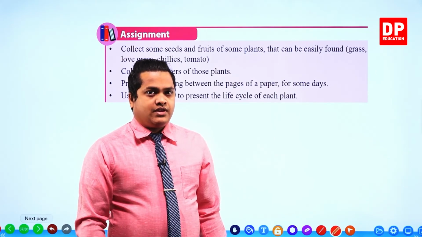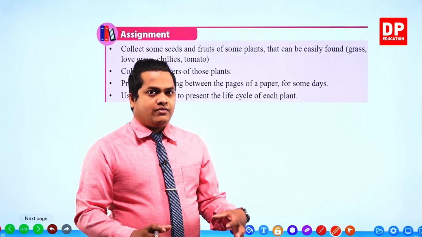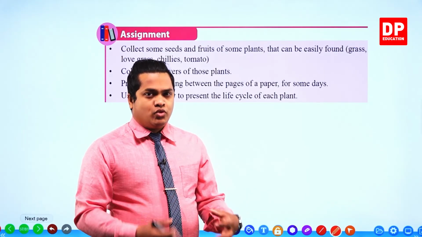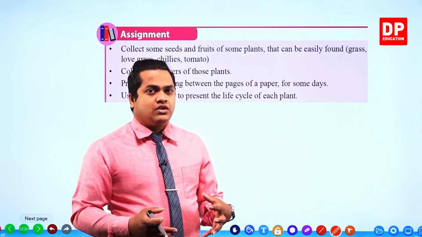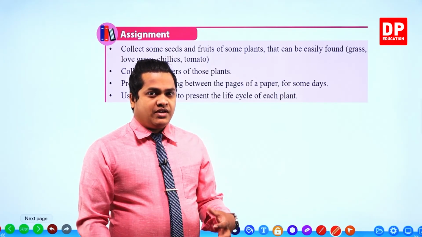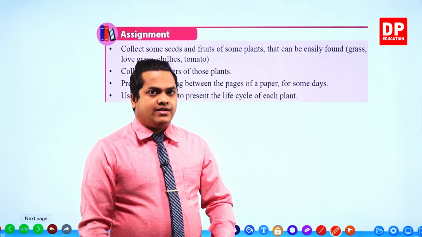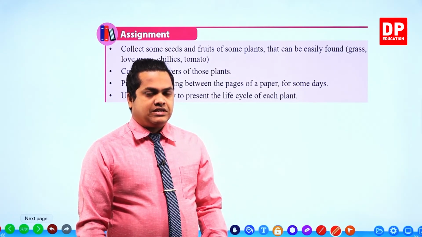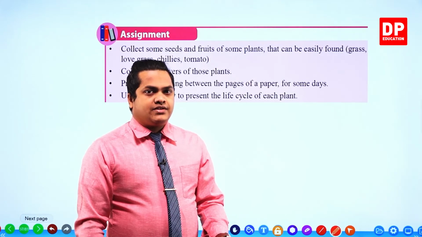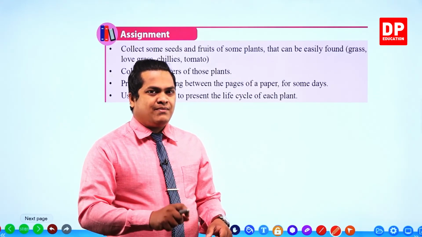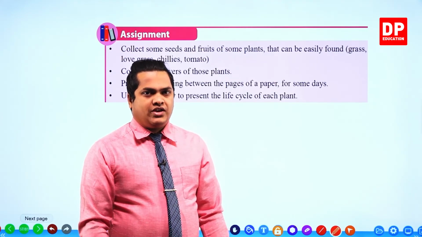Do find something else, or find some older books. You can use books which you already used in previous grades, not the textbooks, but the writing books. Or else, my dear children, you can keep just a paper or several papers, then you can keep a weight. That is also okay, no problem.